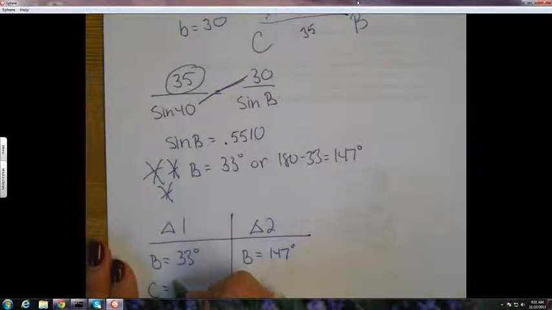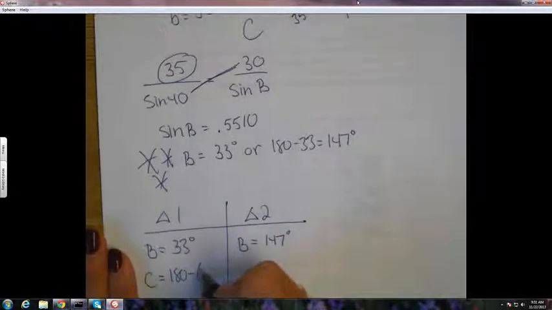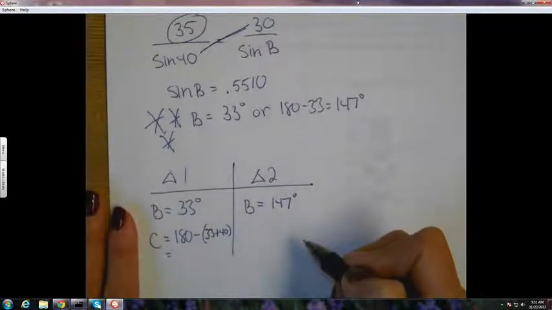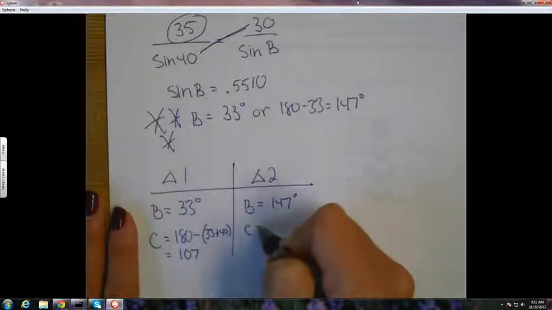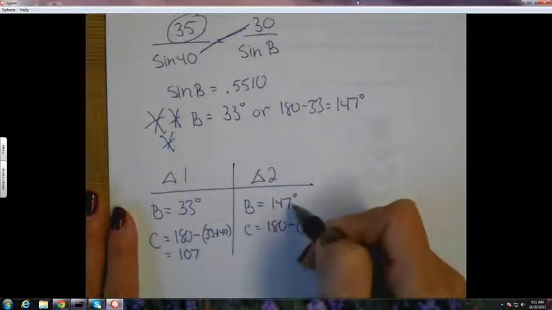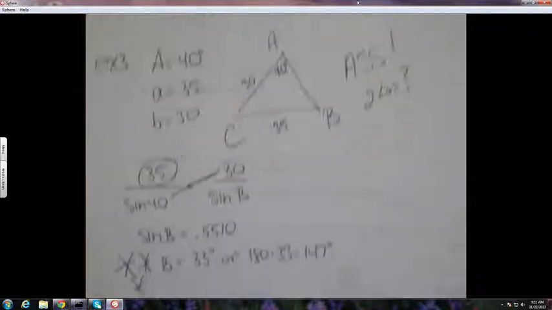So 180 minus, I found the 33 and I started with a 40. So 33 plus 40. What's left for angle C here? 107. How about over here? I found 147. I started with 40.